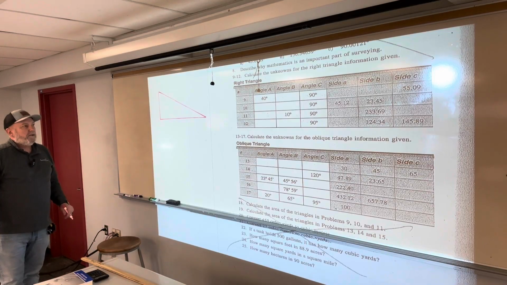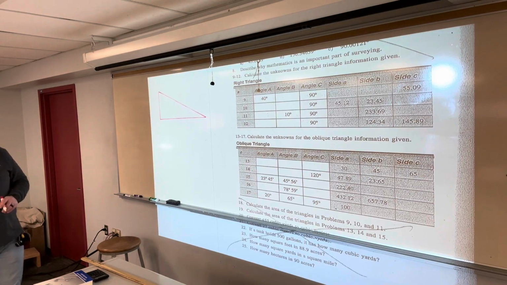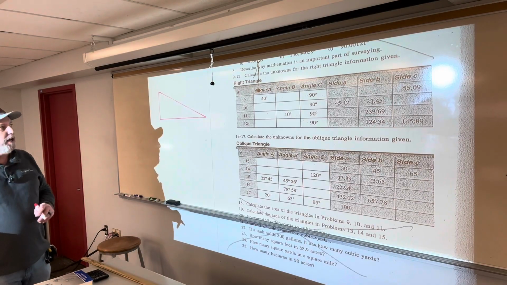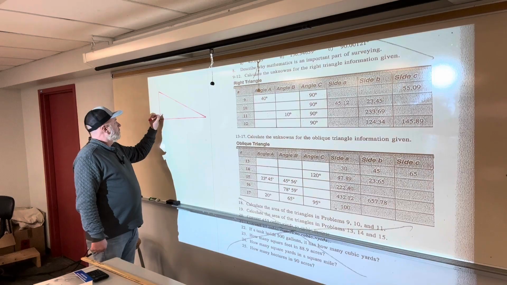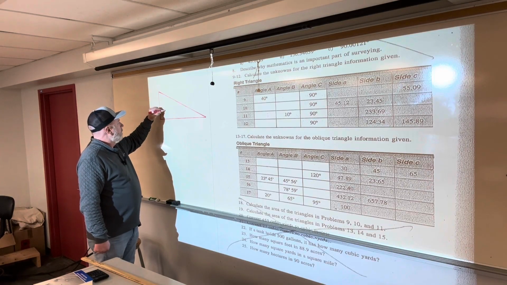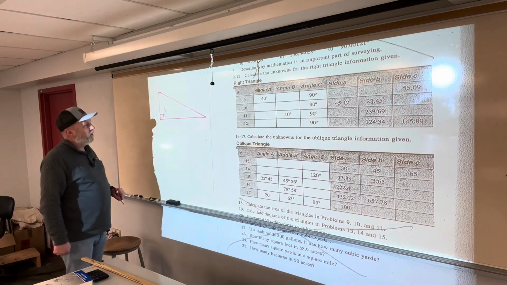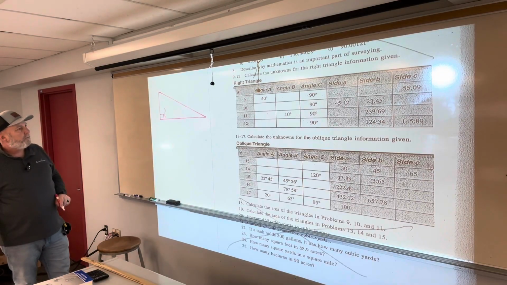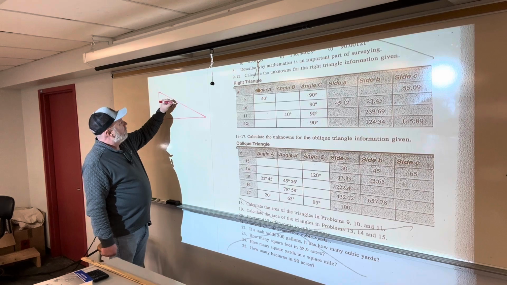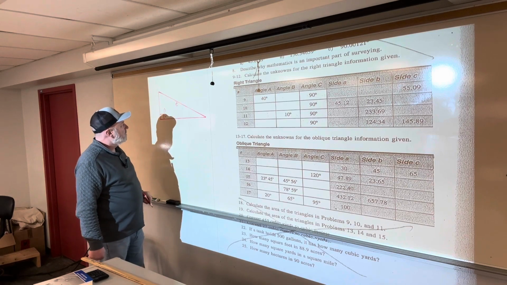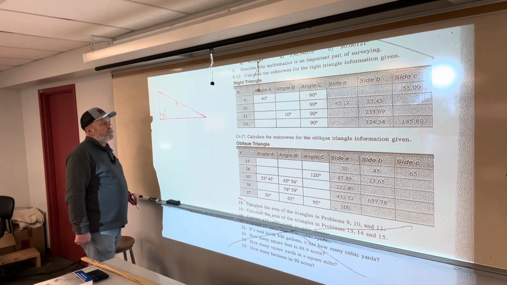So we're talking about side A, side B, side C, angle A, angle B, angle C. The 90 degrees is angle C. The hypotenuse will be side C.